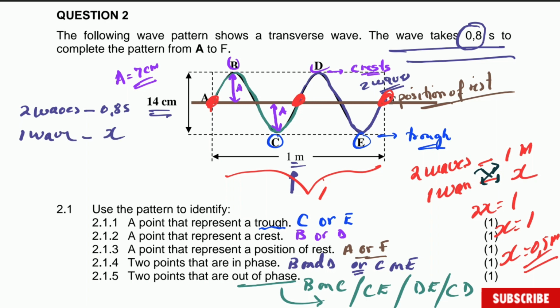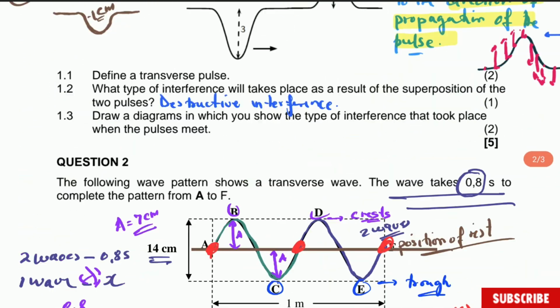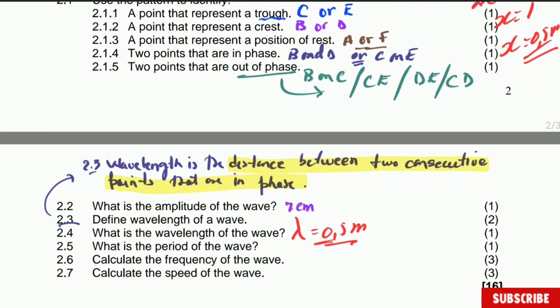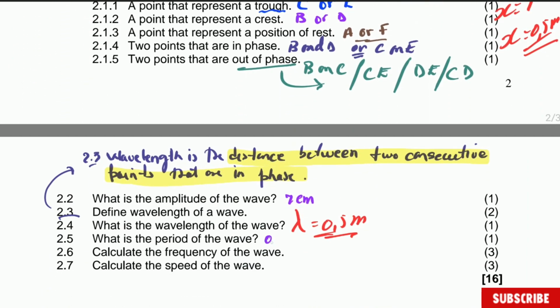And you do cross product again here. So 2x is equal to 0.8. x will be equal to 0.8 divided by 2, which is 0.4 seconds. So the period of the wave is 0.4 seconds. It's very, very simple. This one is 0.4 seconds.